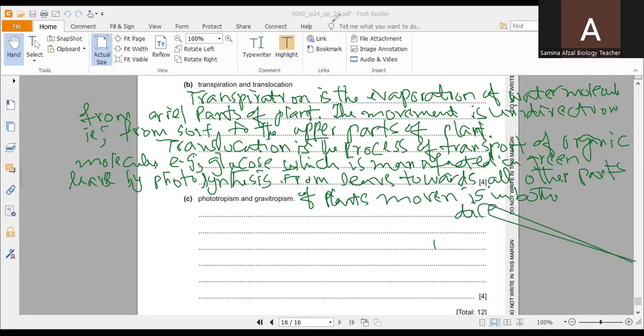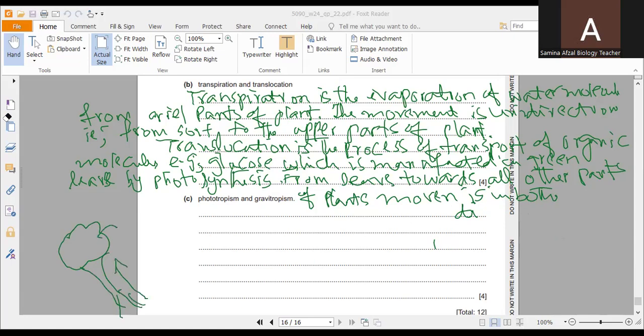Movement is in both directions, but as I already told you, in the case of movement of water, transpiration, the movement is unidirectional. That is, as you can see in plants, the water moves in the upward direction.